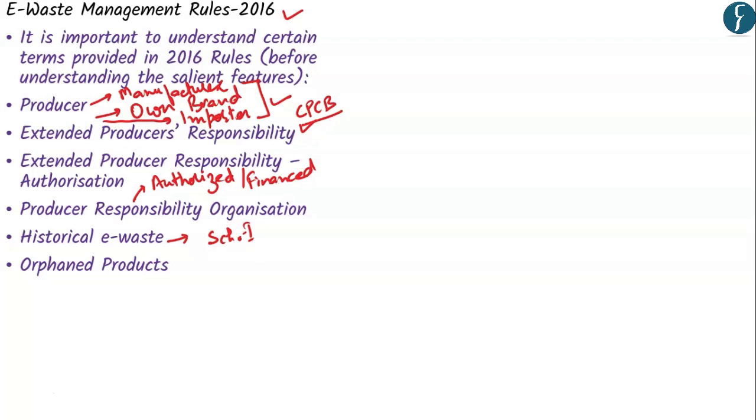Last but not the least is orphaned products, which means non-branded or assembled electrical and electronic equipments as specified in Schedule 1, or those products by a company which has closed its operations.